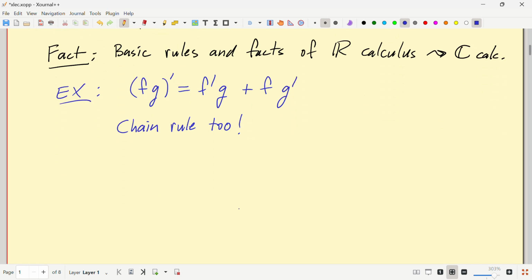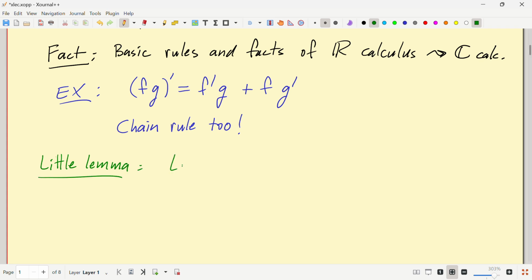Let's see, a little lemma we're going to need. Did I skip? I'm going to define differentiable in a second, so I should have done it before I wrote that formula there. But we'll need a very little lemma.